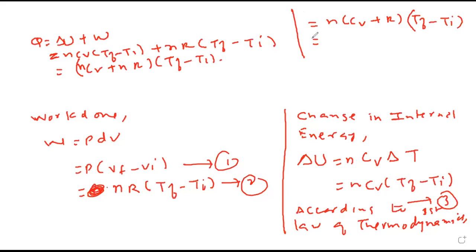Cv plus R, can we write Cp? Yes. So this becomes n times Cp into T final minus T initial. And we also know heat supplied at constant pressure is nothing but nCp dT. By using the first law also we got the same.